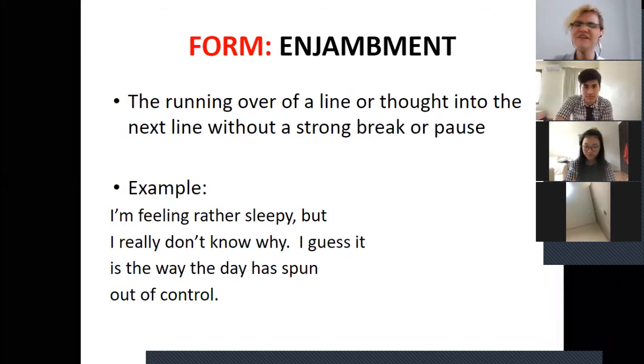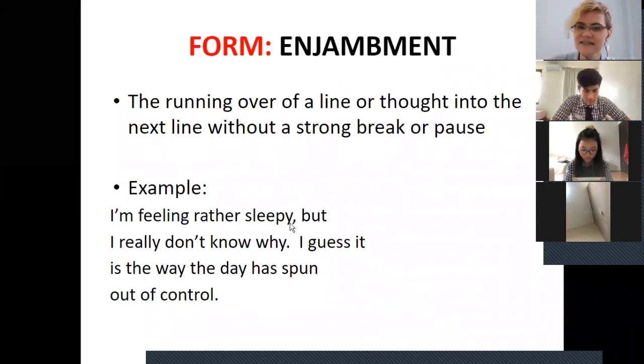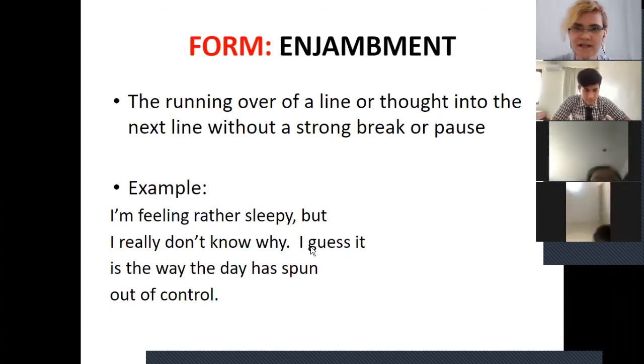Example: I'm feeling rather sleepy, but I really don't know why. I guess it is the way the day has spun out of control. So it keeps going on. This is interesting as well. How it doesn't leave, because it doesn't stop. It gives the comma and then the but, which means that you keep reading, right? So it kind of goes through one into the other.